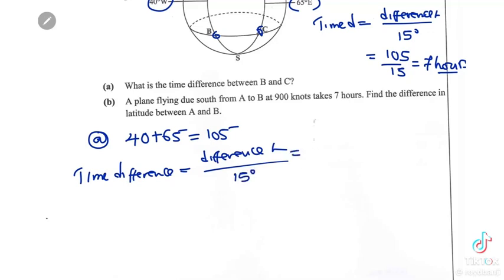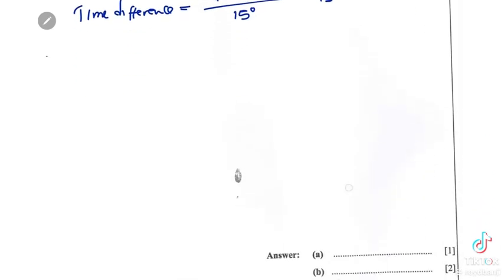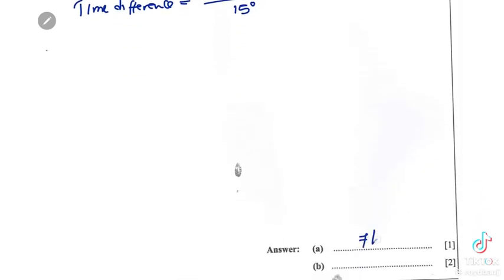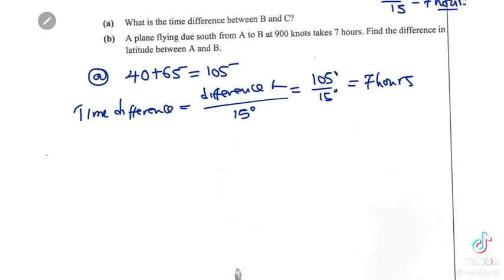That is 105 divided by 15, which is 7 hours. So the time difference is 7 hours, and we can put it there. I urge you to put the answer immediately you find it, because after calculating, you might leave this place without recording your answer.